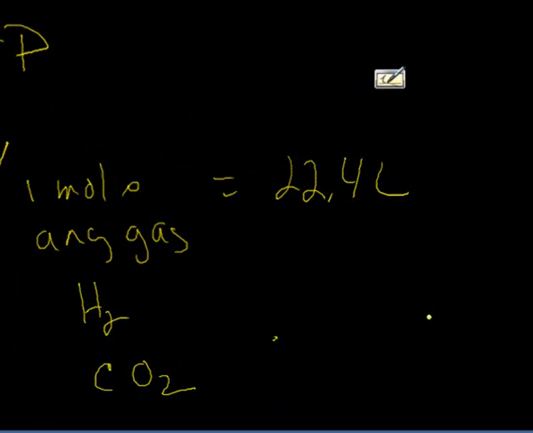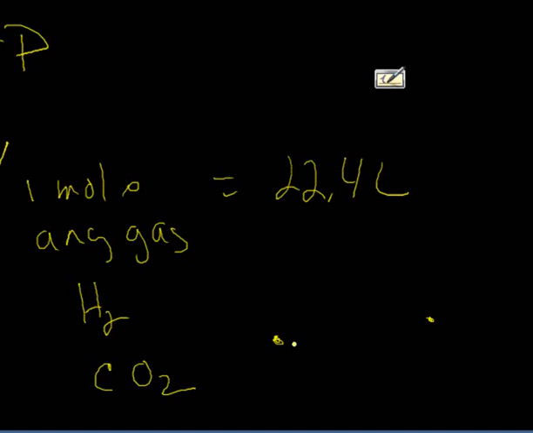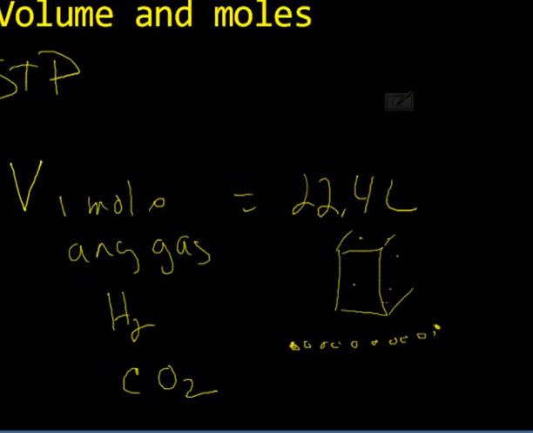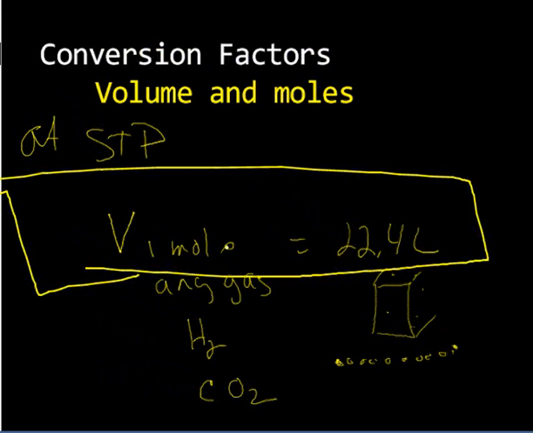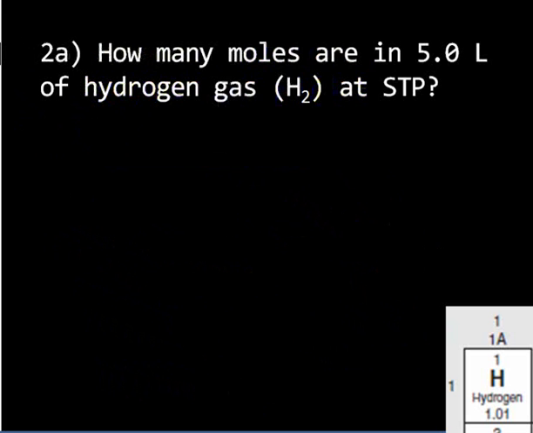Those particles of a gas, as you remember, are pretty far apart, like about 10 particle spaces apart. Because they're so far apart, any gas in a container will have the same number of particles taking up the same amount of space if temperature and pressure are the same. Pretty cool. So we can use this. If we know the volume, we can figure out how many moles we have, or vice versa.